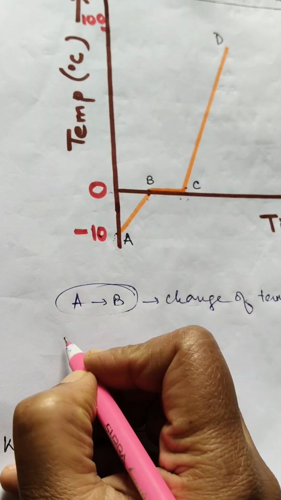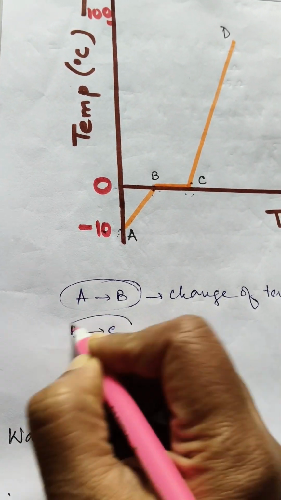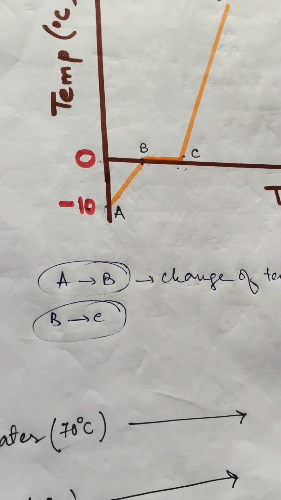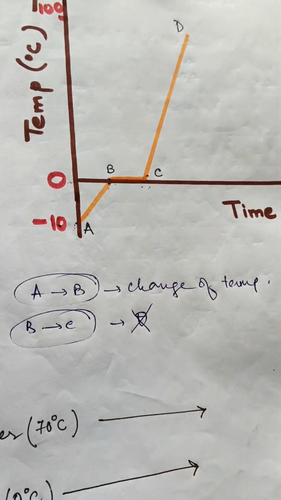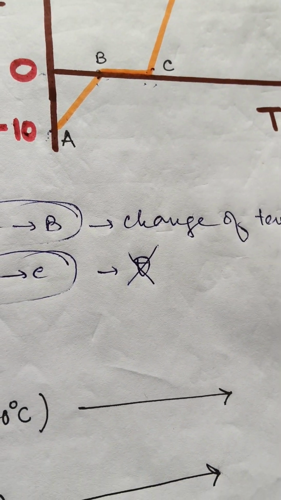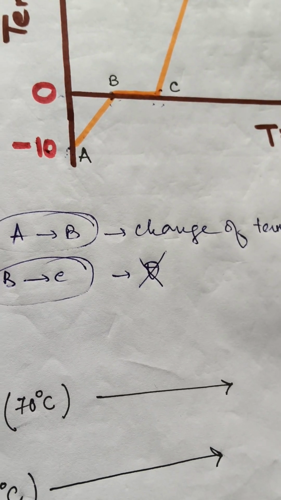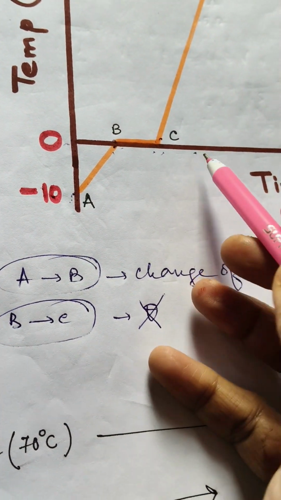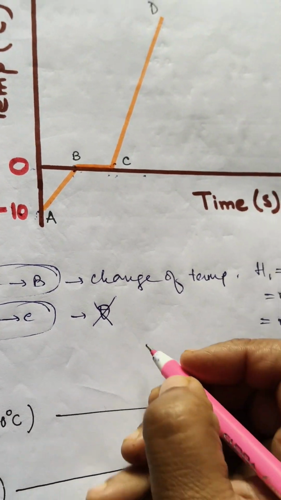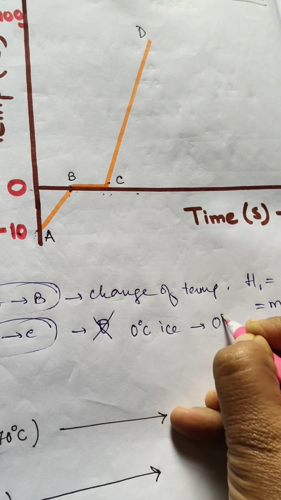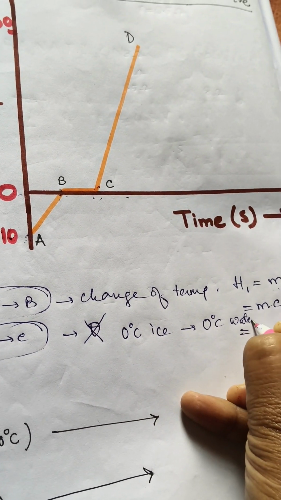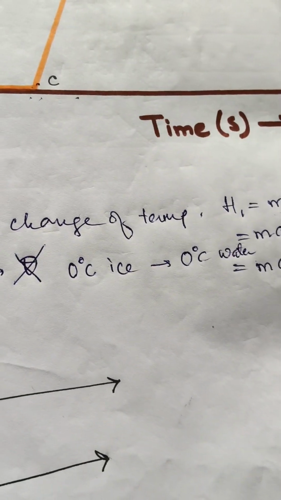What I mean to say is from B to C, there is no change of temperature, theta, okay. What happens then? From B to C, what we get is 0 degree ice to 0 degree water. Okay, 0 degree ice to 0 degree water.